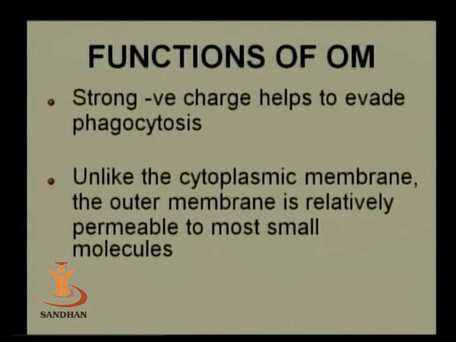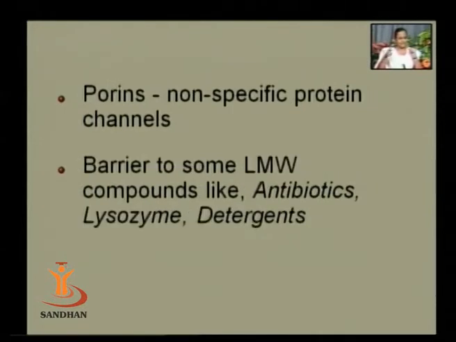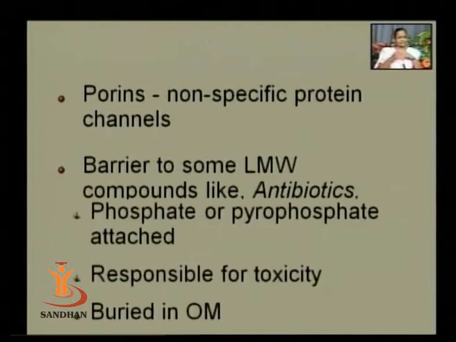Unlike the cytoplasmic membrane, the outer membrane is relatively permeable to most small molecules, that is due to the porin, which you have seen in the slide, which provides channels to move. Next slide. That's what I said, porin, non-specific protein channels, barrier. It's a barrier to some low molecular weight compounds like antibiotics, lysozyme, and detergents.